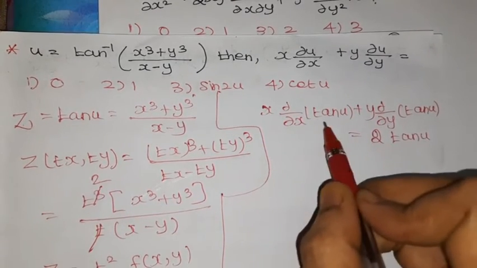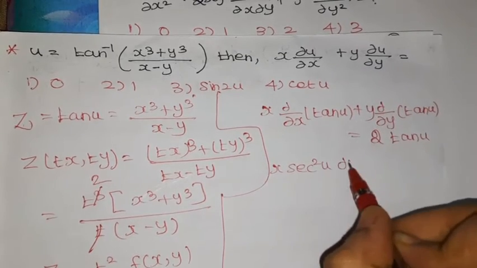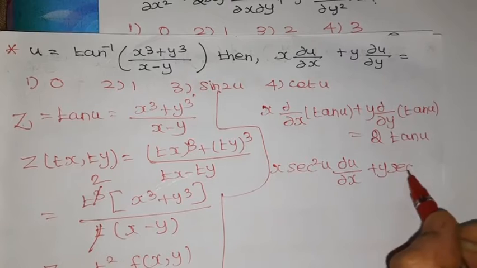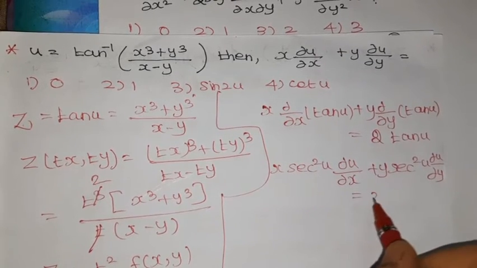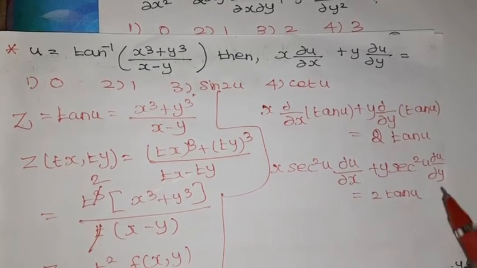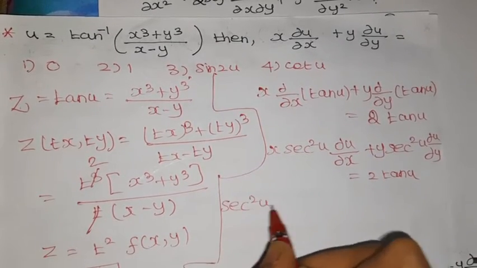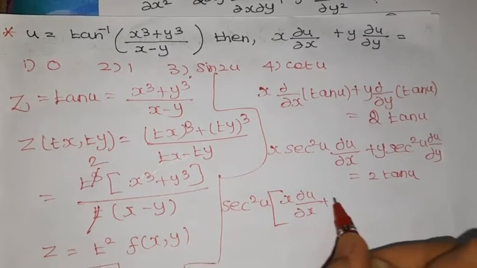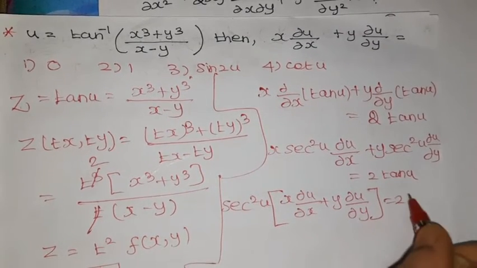So when differentiating, tan u gives secant squared u into ∂u/∂x plus y into secant squared u into ∂u/∂y equal to 2 tan u, right? Then take secant squared u in common. Then x ∂u/∂x plus y ∂u/∂y equal to 2 tan u.